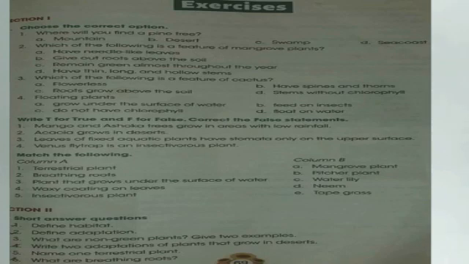And the C section, match the following. Column 1, terrestrial plant. Which are the terrestrial plants? Yes, neem. Neem is an example of a terrestrial plant. And second one, breathing root. Breathing root we can see in mangrove plants. No? So option mangrove plant. And the third one, plant that grows under the surface of water.